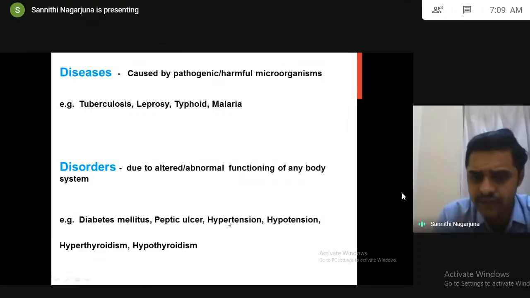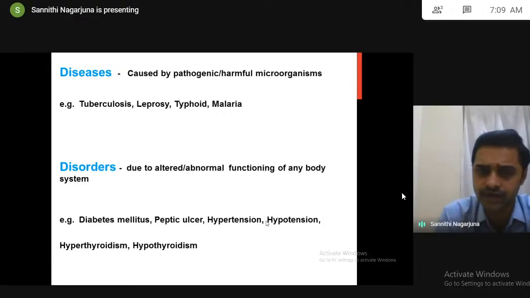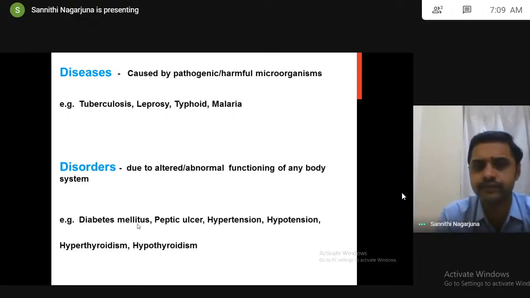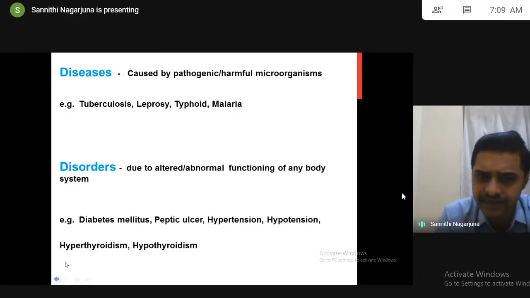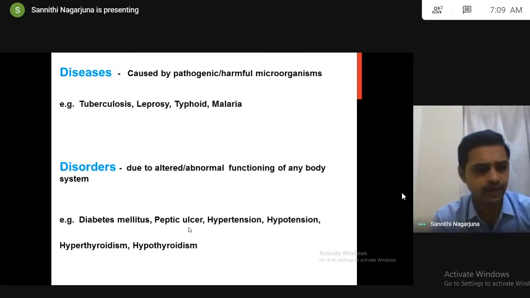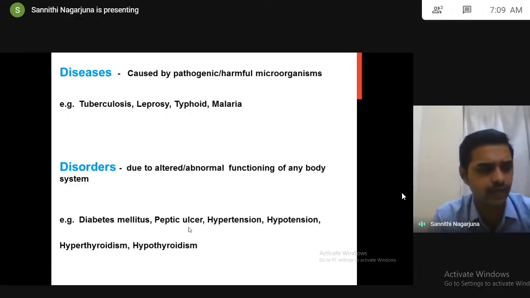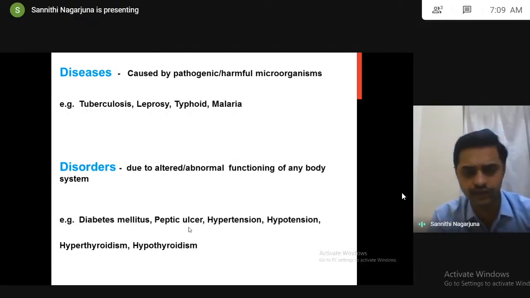Everyone has normal blood pressure, but altered, increased or decreased blood pressure is a disorder. Everyone has glucose in the blood, but excessive glucose is called diabetes mellitus. Everyone has acid secretion, but excessive acid secretion is called peptic ulcer. So disorders mean the function becomes more or becomes less.